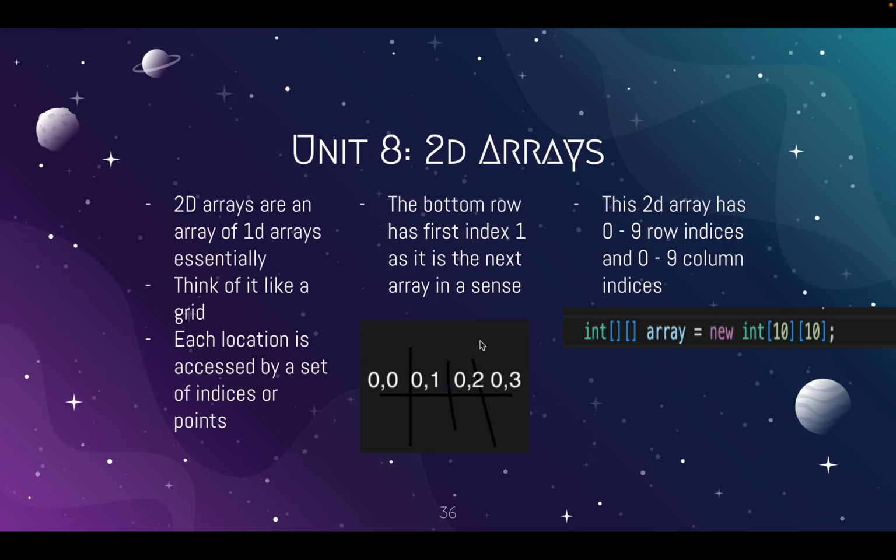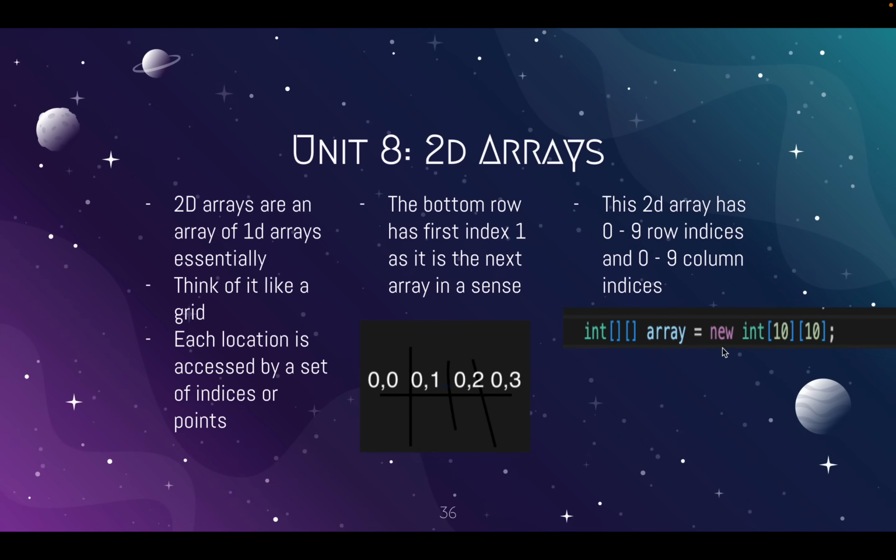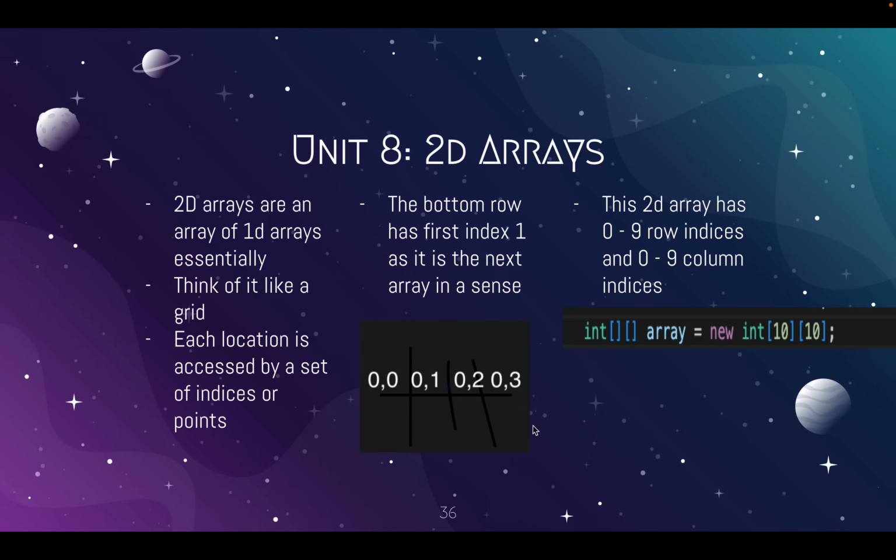Since a 2D array is just an array of arrays, it's the 0th array, that length. And that is the length of the columns. The length of the rows is just arr.length, since that's the number of 1D arrays that exist in the 2D array.